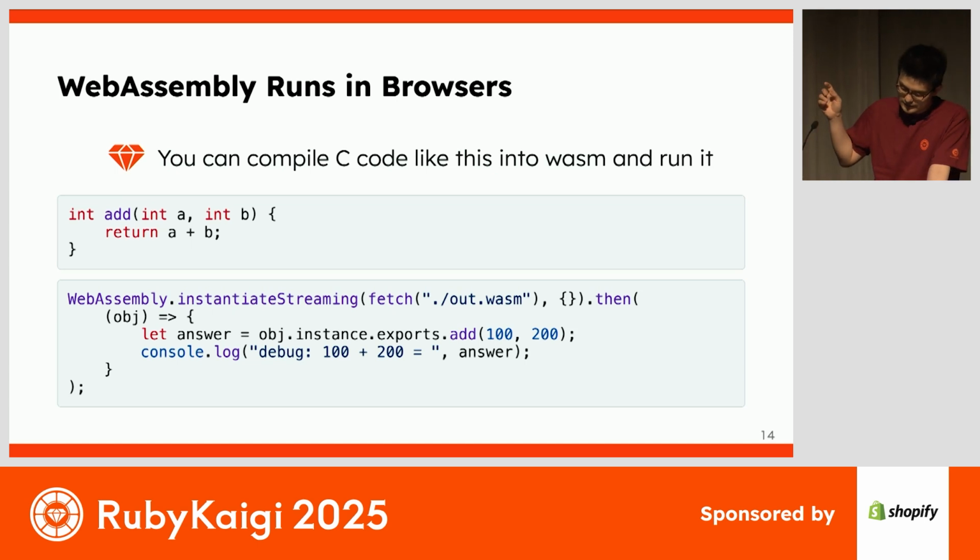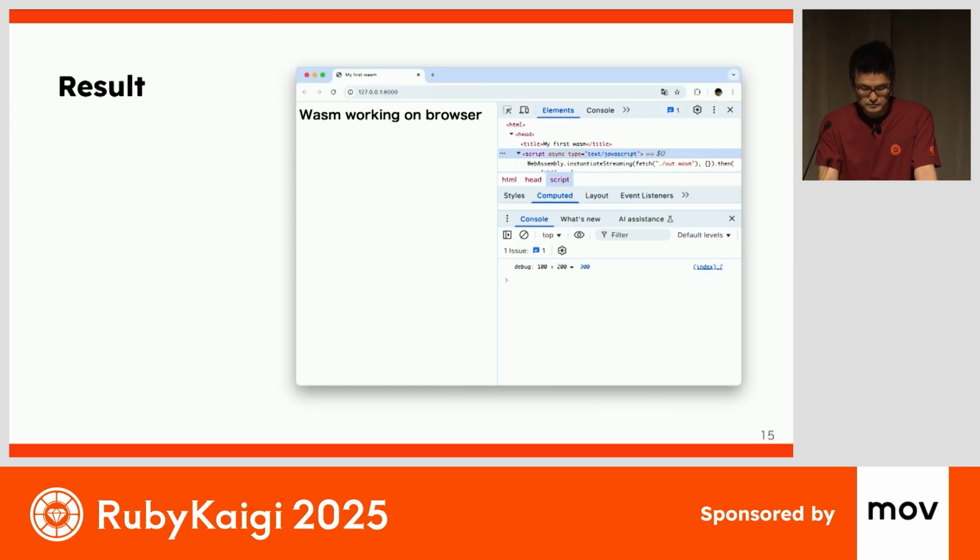This C code, as you can see, just performs addition. If you compile this code into a WASM binary and then write this JavaScript in the browser, we can verify that the addition function originating in C is now running successfully within a browser.